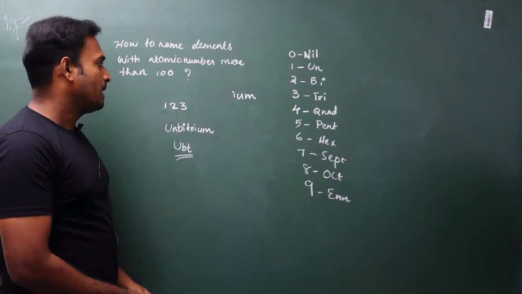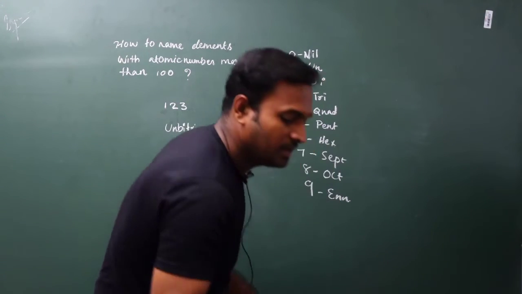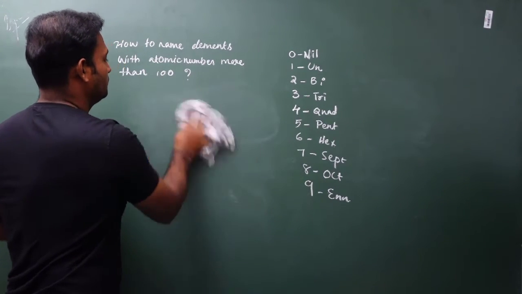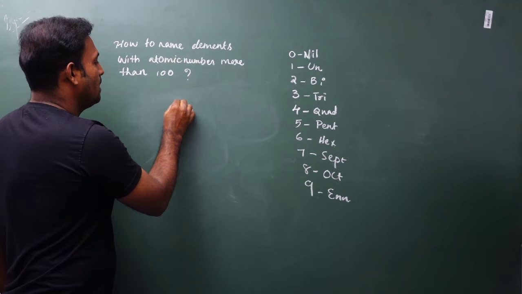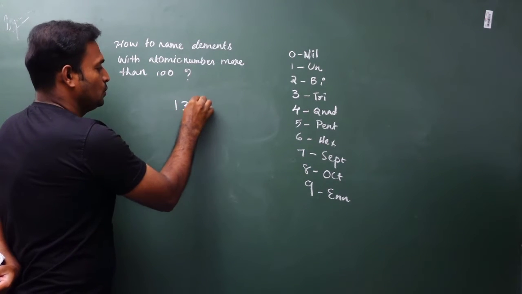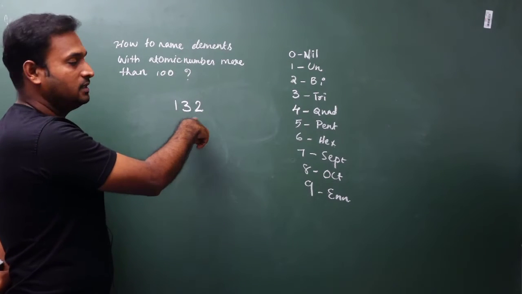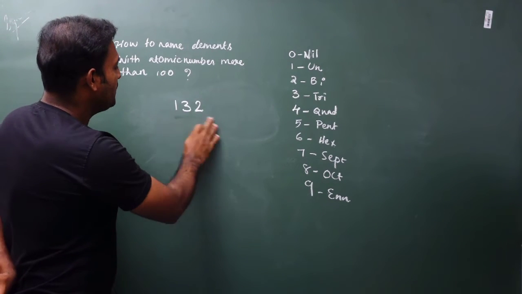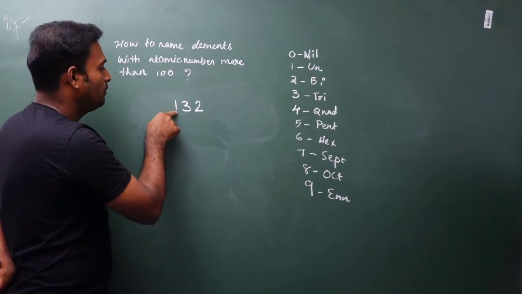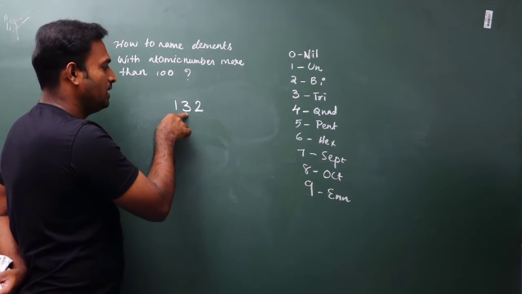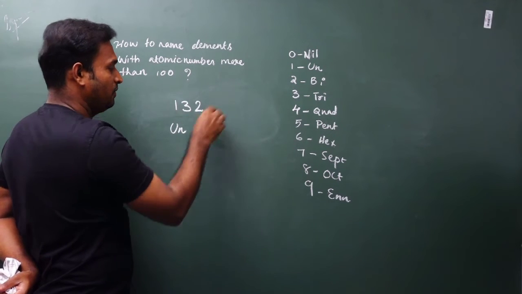Okay. Then we can take another example. It's an element with the atomic number 132. Then how can we name it? First digit is 1. For 1, it is un. Next one is 3.